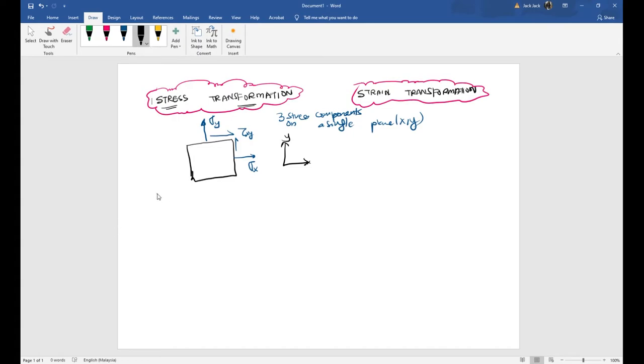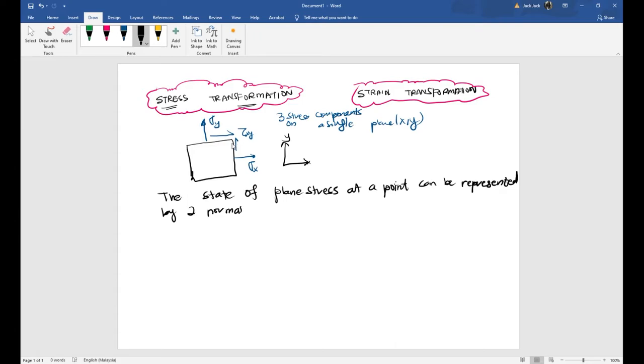The state of plane stress at a point can be represented by two normal stresses, which are sigma x and sigma y, and one shear stress.